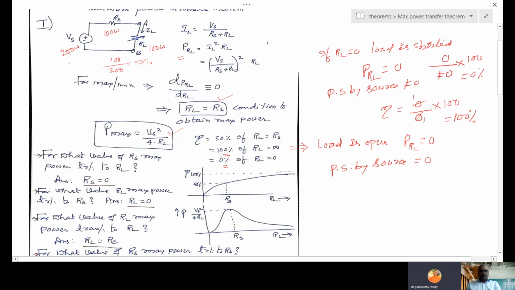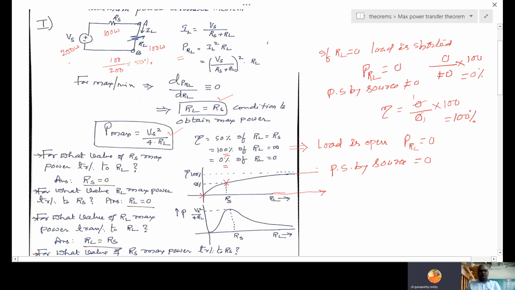The same thing is plotted here, RL versus efficiency. RL equal to 0, efficiency 0 is one point here. When RL equal to RS, efficiency is 50%, this is another point. When RL equal to infinite, efficiency is 100%.